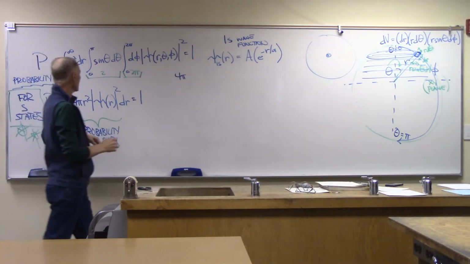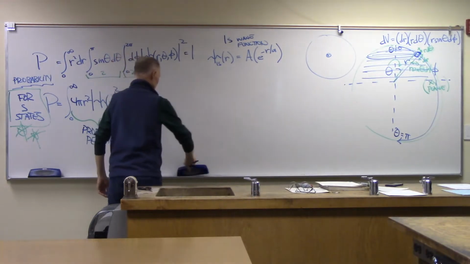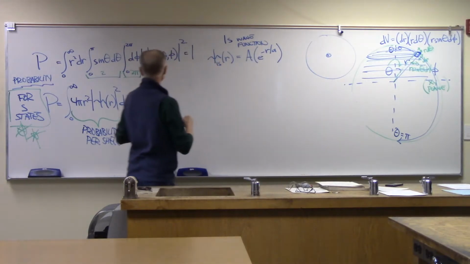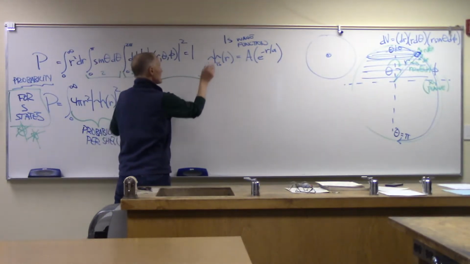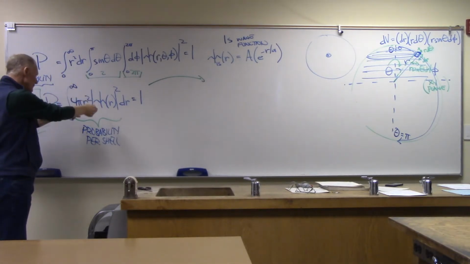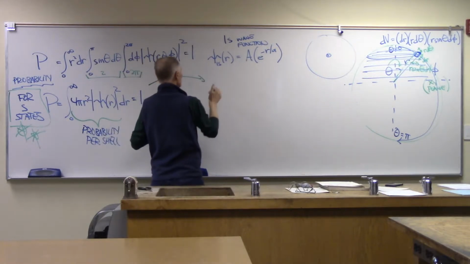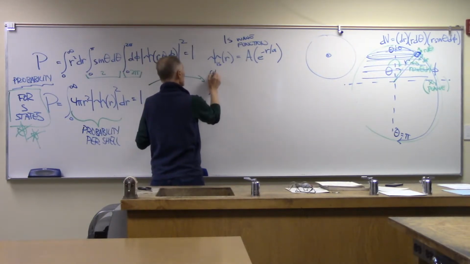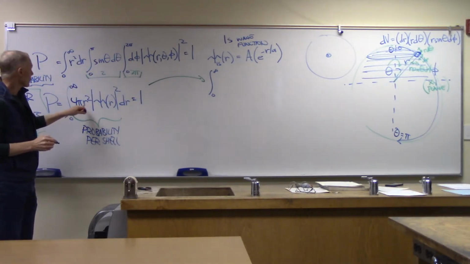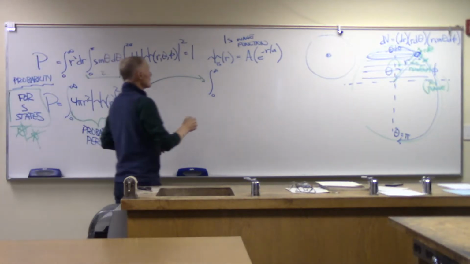So let me just get the wave function squared. I think we have enough outlined here, we can just set this thing up. I'm going to take that wave function, square it, put it into my probability formula, and it is going to look like this. It is going to look like integrating across variable r from 0 to infinity, so we don't miss any of those shells of probability.